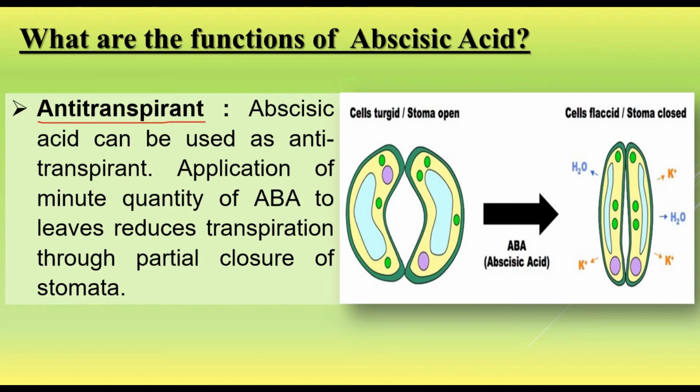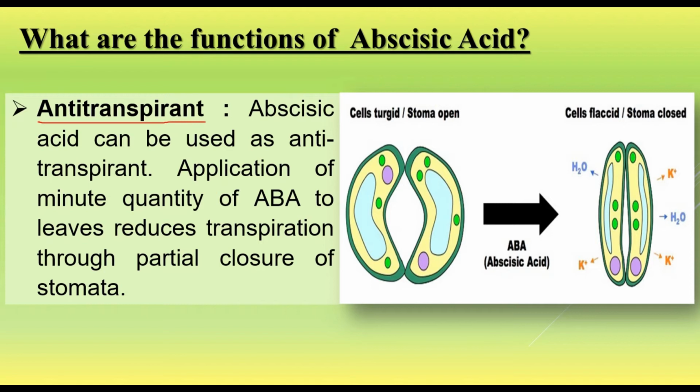Abscisic acid acts as an anti-transpirant. It checks transpiration. During adverse situations where there is desiccation, a drying environment and high temperature, stomata should be closed to check the loss of water by the process of transpiration.